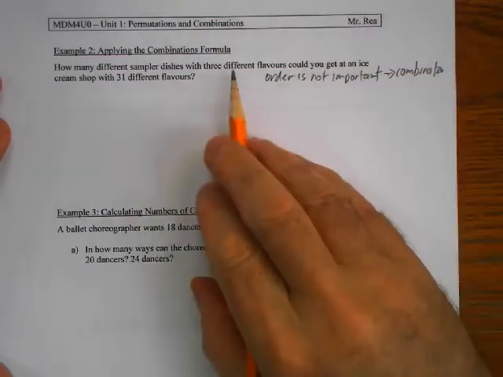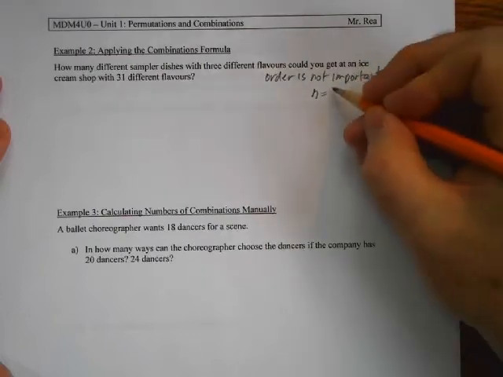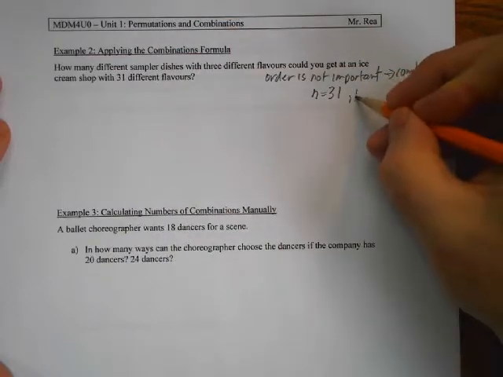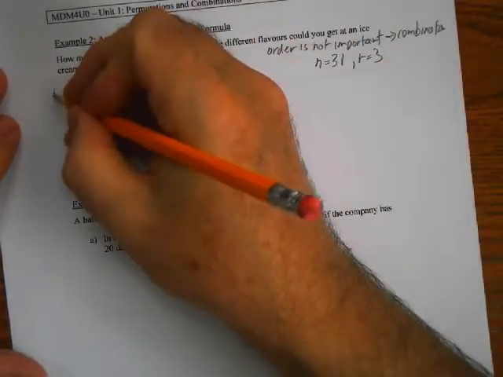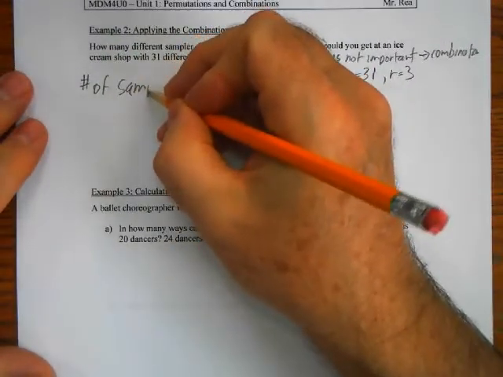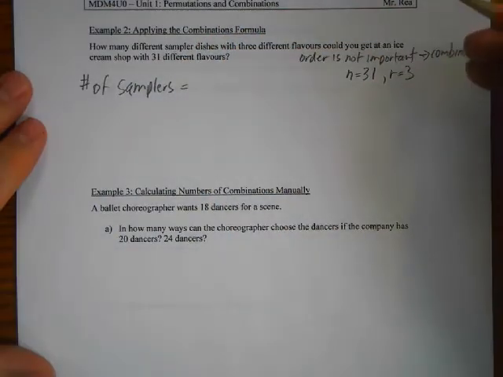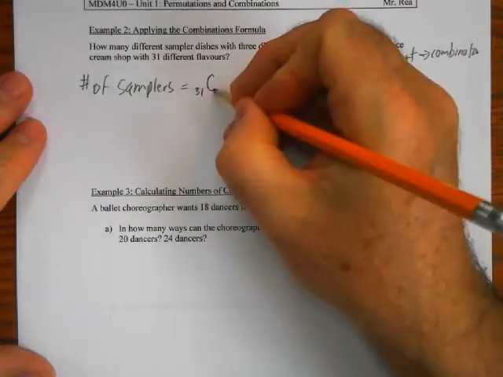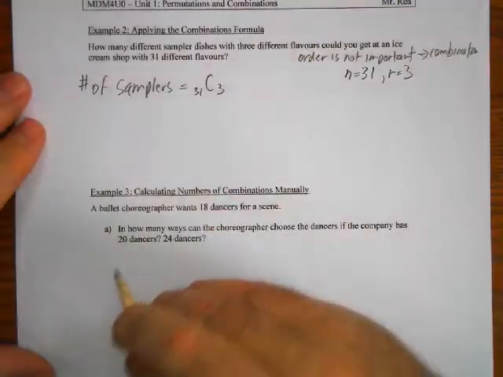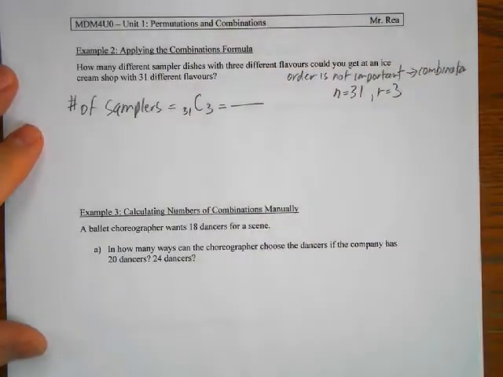Our values would be, we're choosing from 31 potential flavors, so that's our n value, 31, and each sampler dish is choosing 3 flavors, so r equals 3. So the number of samplers is equal to 31 choose 3. Now there are different ways you can do this.